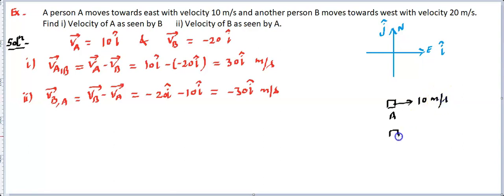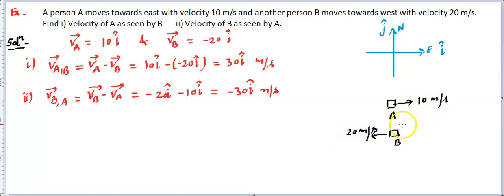And there was another person or object B, which was moving in this direction by 20 meter per second. So by common sense, you can think of what A is going to observe. A is going to observe that B is moving in this direction, right? And with which velocity? 10 plus 20, that's 30. So 30 towards west. And what B is going to observe, that means A is moving faster in this direction, and that's going to be 10 plus 20, that's 30.